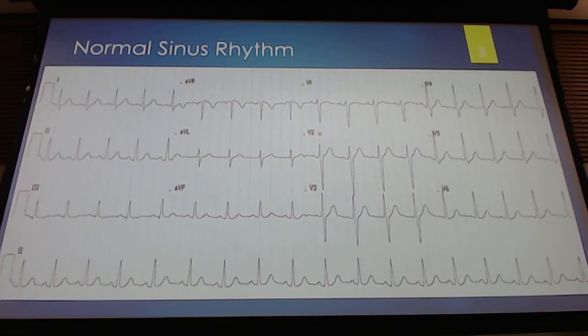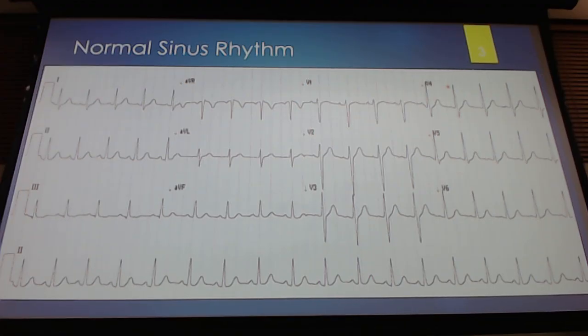Okay, look at V2. V2, little bit more prominent R, but still much more prominent S. Then we get to V3, and we're kind of above and below that baseline about the same. That transition usually does occur between V3 and V4, so we're going to see that transition. We're kind of equal with our R wave and S wave.